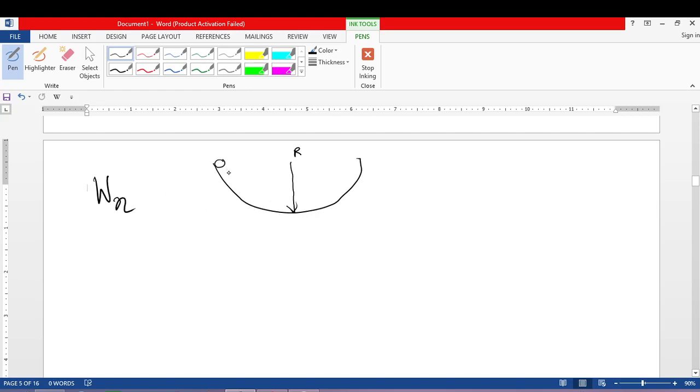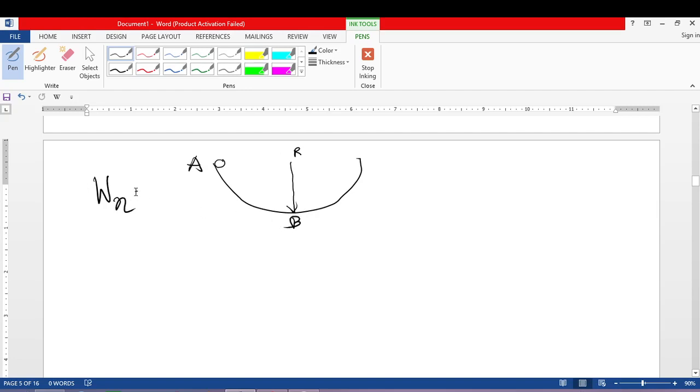The work done by the normal force is always equal to 0, because wherever your system is on the surface, the normal force is always perpendicular to the surface. So the displacement is always perpendicular to the normal force from point A to point B.